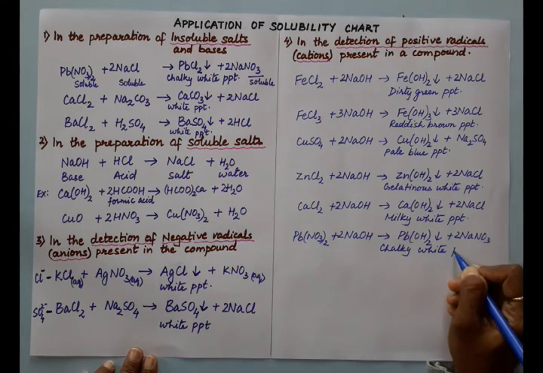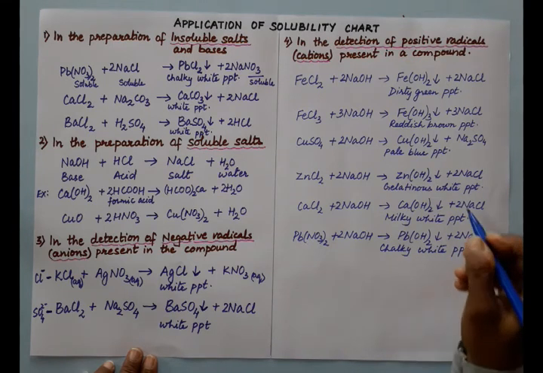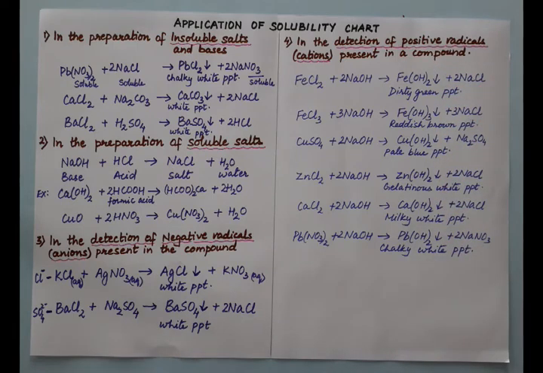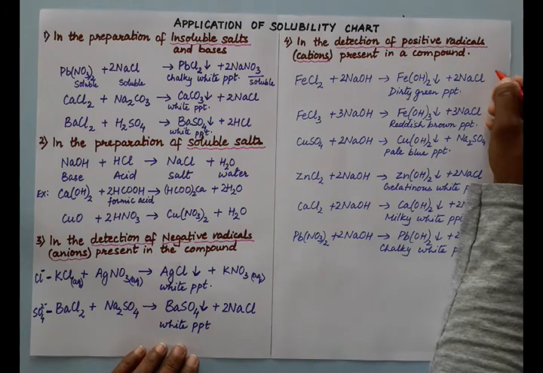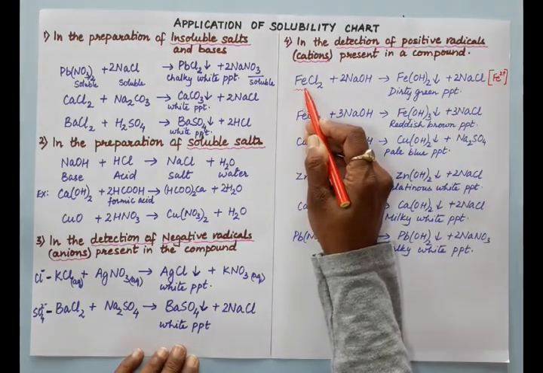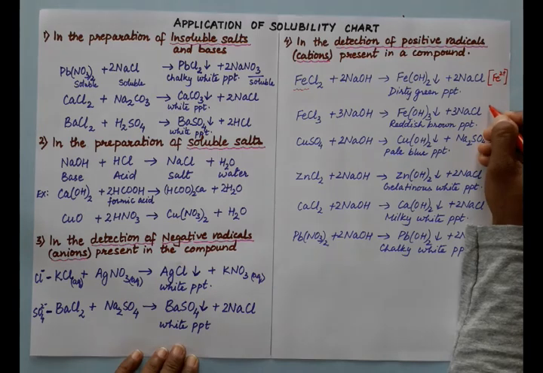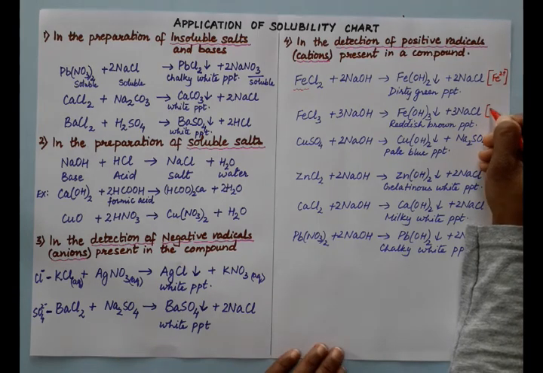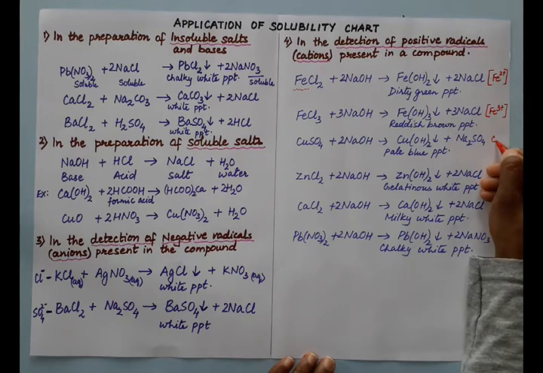So on the basis of these colored precipitates, we can detect cations. The dirty green precipitate confirms that ferrous is present in the salt solution. Here ferric is present, and cupric is present.